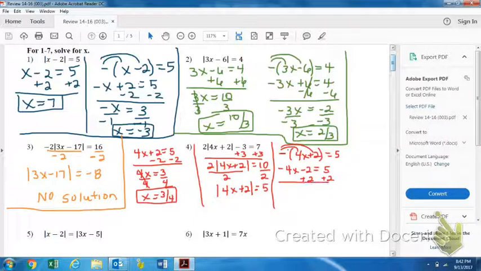Add 2 to both sides, and you have negative 4x equals 7. Divide both sides by -4. Two negatives make a positive, and the 4's cancel, and you're left with x equals -7/4. So those are your two answers.